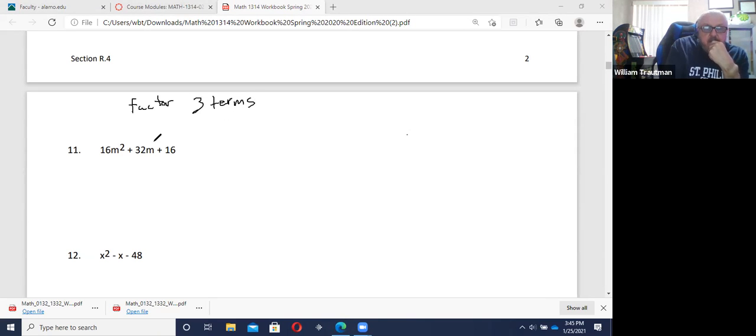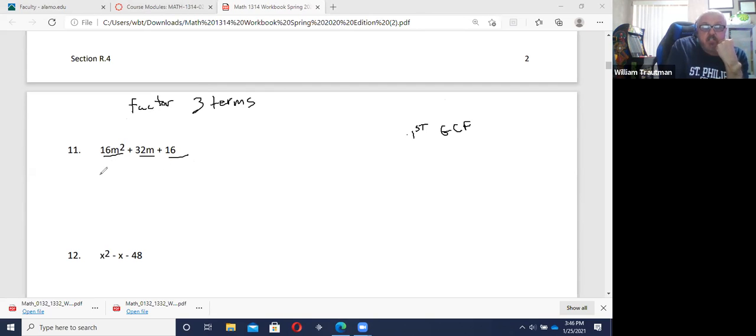I'm just going to hold off a little. There's a little bit more I want to write below factoring 3 terms, but the first step is always look for a GCF.